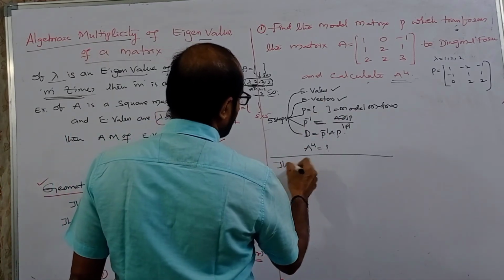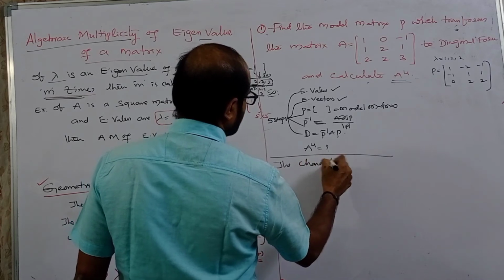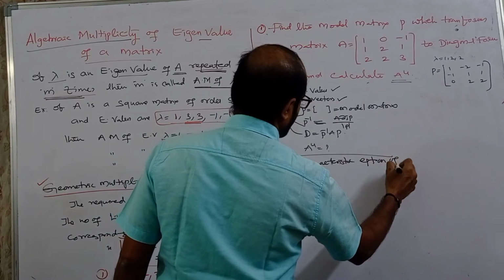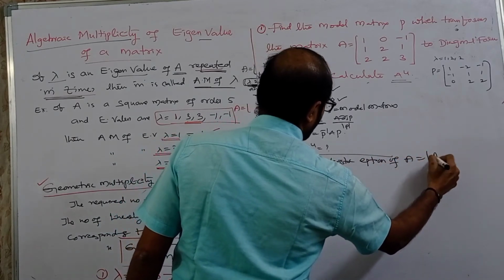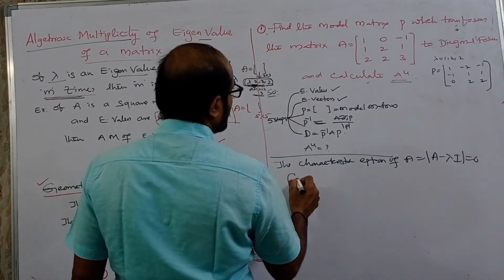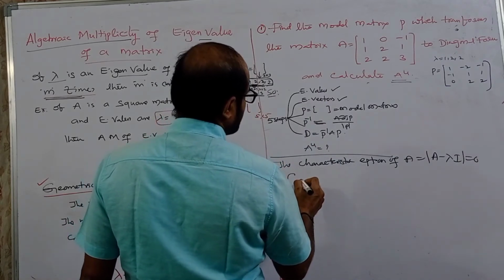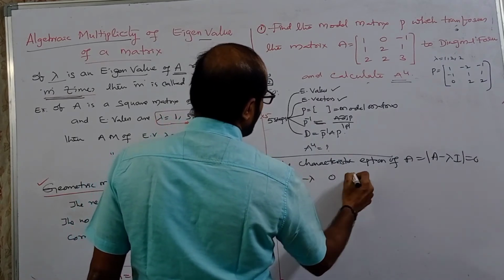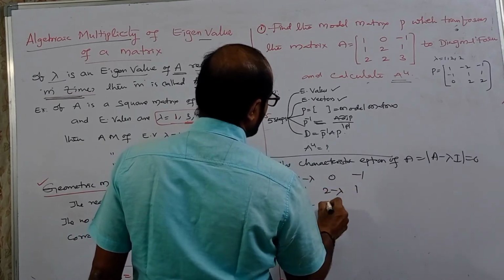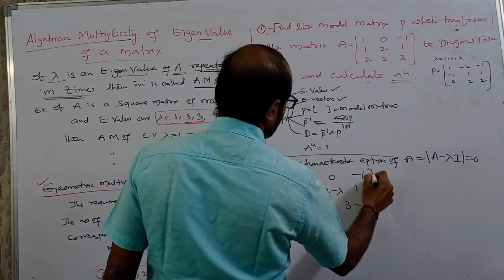See the characteristic equation of A: determinant of A minus lambda I equal to 0. What is that? 1 minus lambda, 0, minus 1; 1, 2 minus lambda, 1; 2, 2, 3 minus lambda.